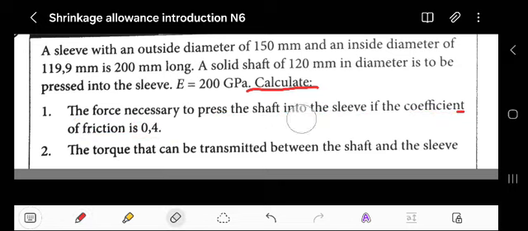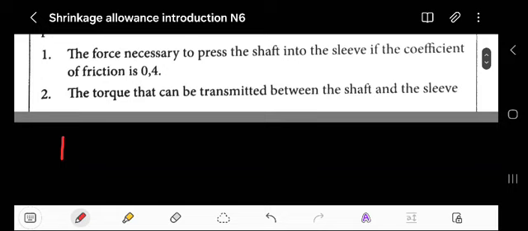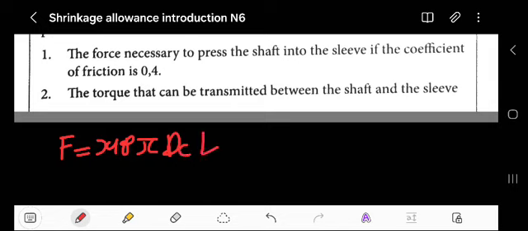We've discussed the force, isn't it? If you still remember, the force is equal to the coefficient of friction multiplied by the pressure multiplied by pi, common diameter, length. Remember the pressure is the same as the radial stress. So the aim is to calculate it.